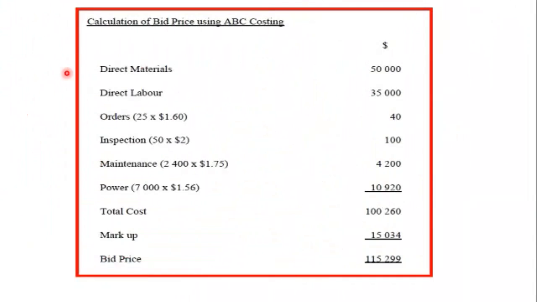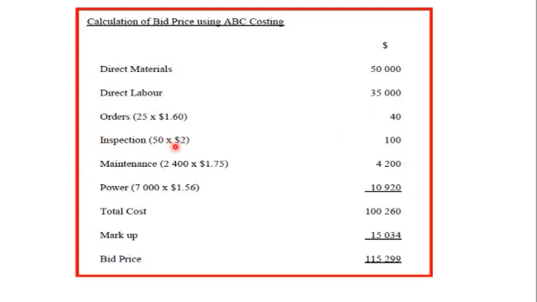Right, direct materials. This table is a bit smaller. I hope you all have seen it. Direct materials 50,000. Direct labor 35,000. The orders was 25 by 160, the rate we just calculated. We'll get $40.